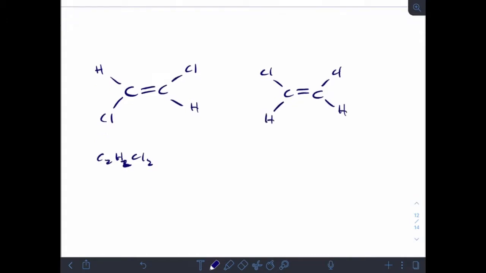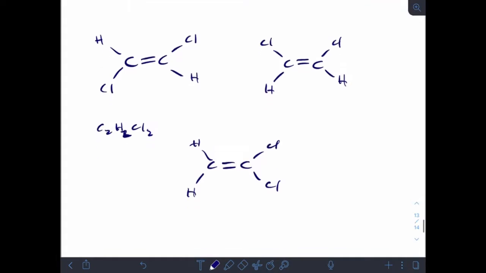Okay, all of those have the same formula, C2H2Cl2. So what we do is we assign terms to describe the orientation of the various parts of this molecule.